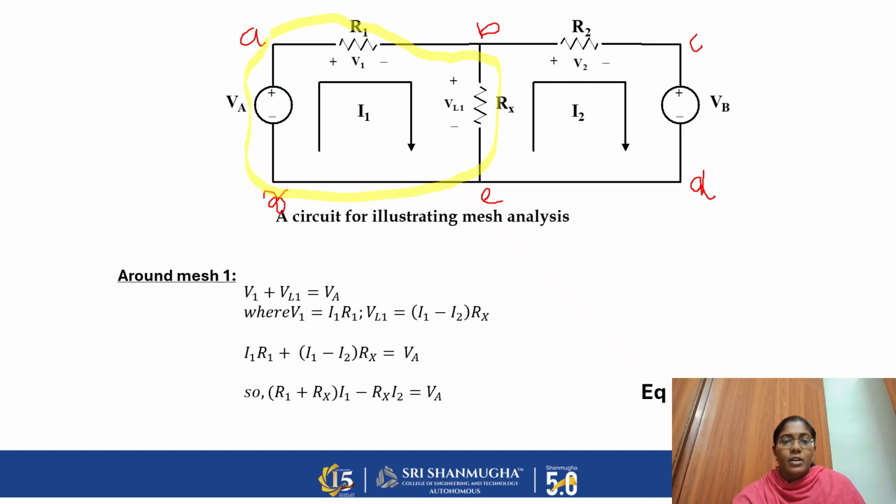So you can write I1 R1 plus I1 minus I2 into Rx, which is equal to VA. By simplifying, this can be written as R1 plus Rx into I1 minus Rx into I2 is equal to VA. So this is equation number 1.